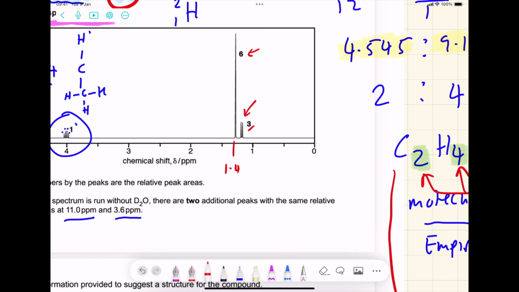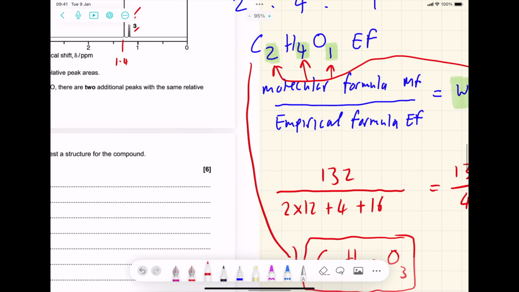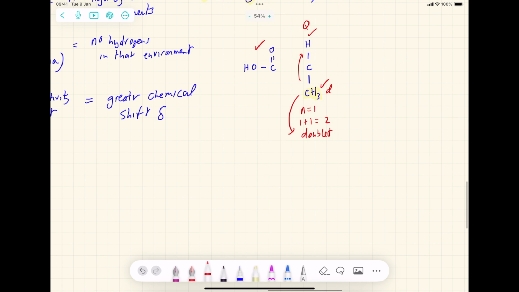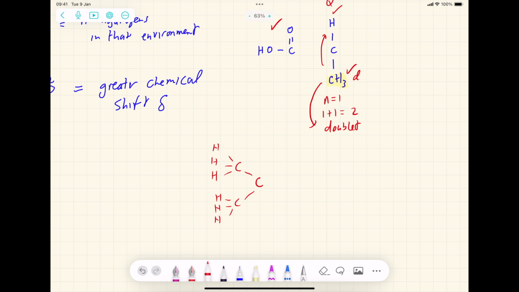So obviously carbon can't form 6 bonds. So why does it have an integration of 6? When this happens, it is always the same thing, which is, I'm just going to draw it down here, a carbon bonded to 2 CH3 groups. Because 2 CH3 groups will be identical because they're attached to the same carbon. So the integration covers these 3 hydrogens and these 3 hydrogens at the same time. So it gives an integration of 6H.